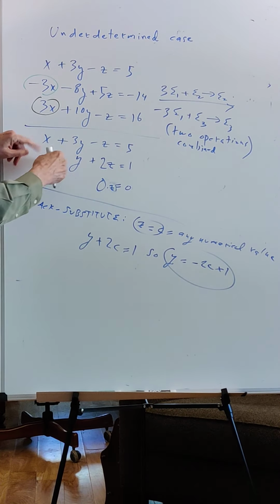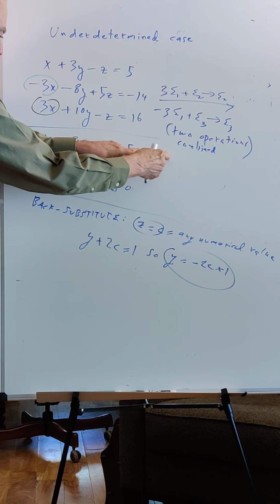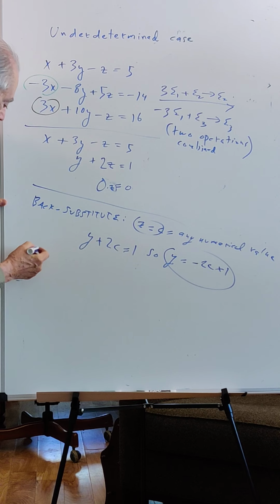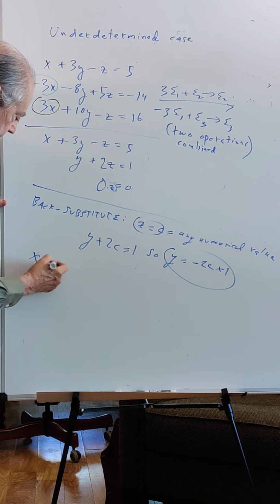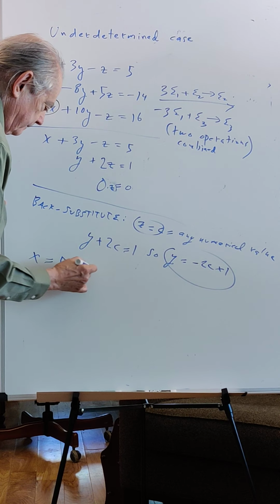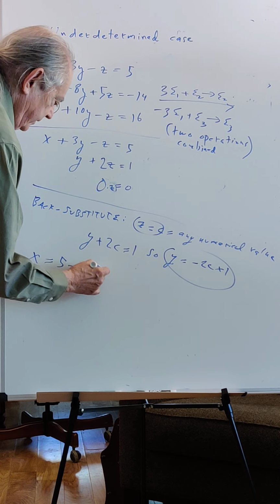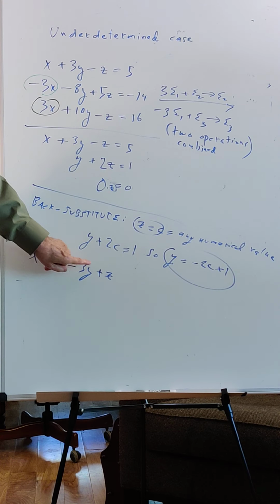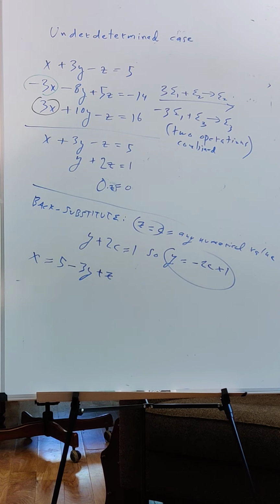Now go to the top equation. Move these terms to the right, changing their signs. So x is 5 minus 3y plus z. And now substitute in the value for y and the value for z.